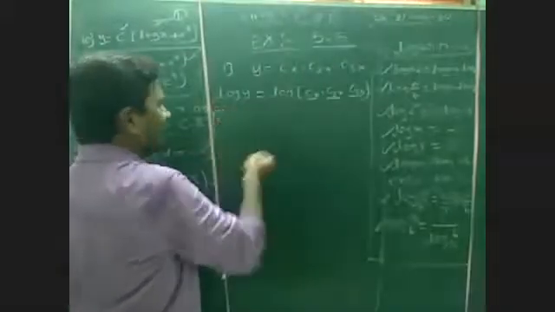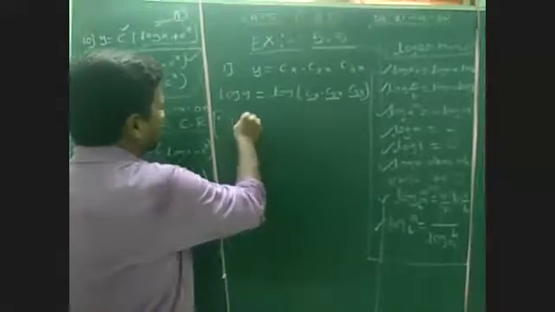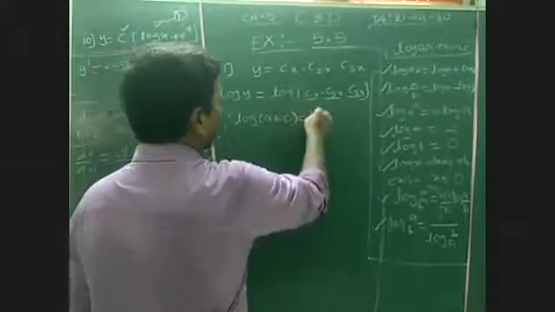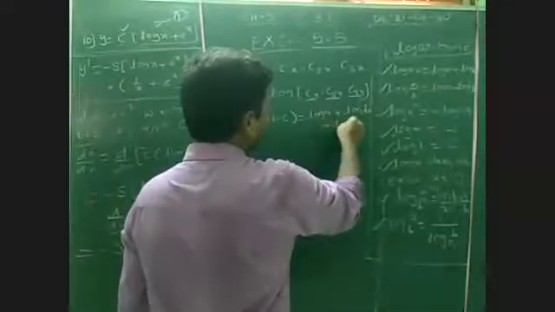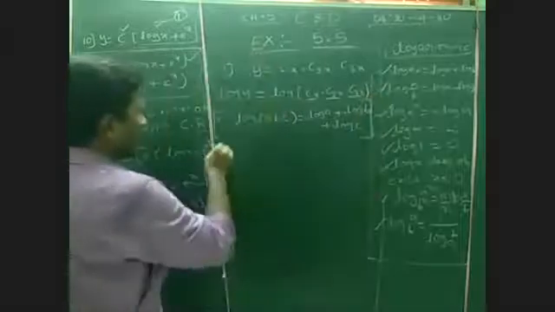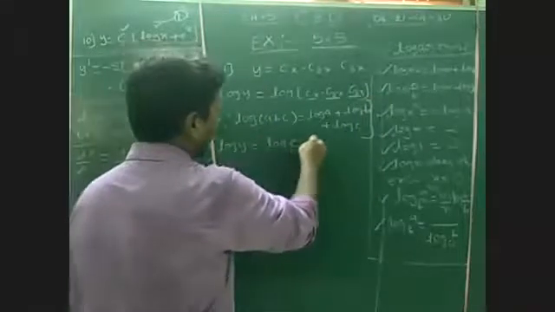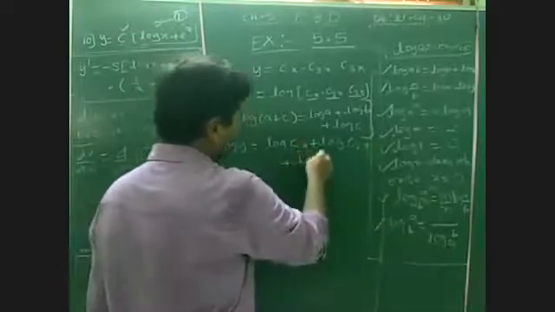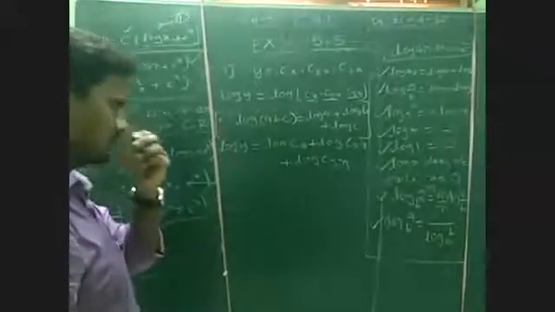Log ABCD is log A plus log B plus log C plus log D. Apply this formula. So the left side is log y, equal to log of cos x plus log of cos 2x plus log of cos 3x. I applied this formula.